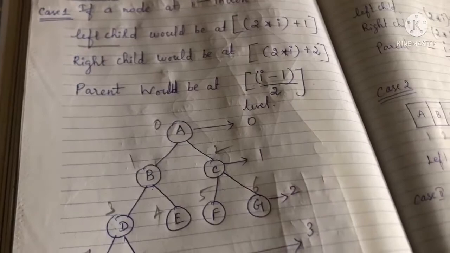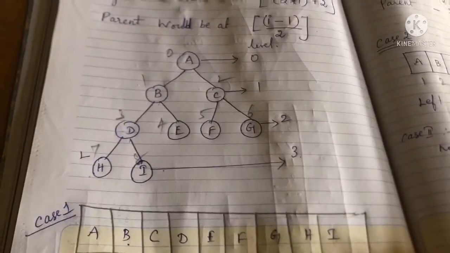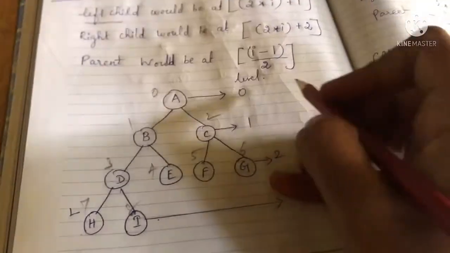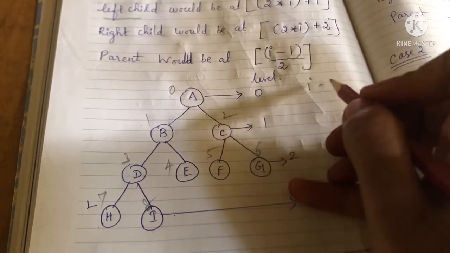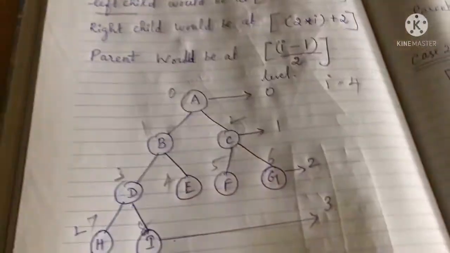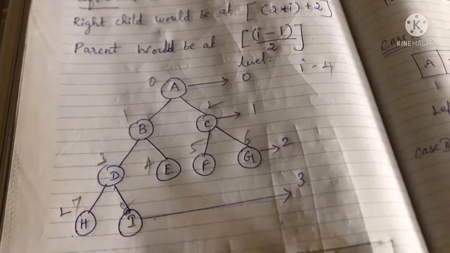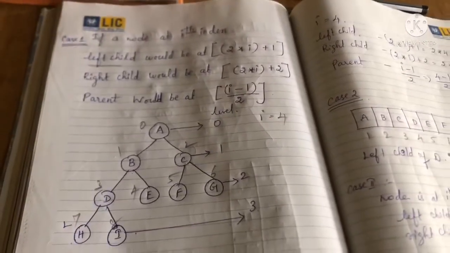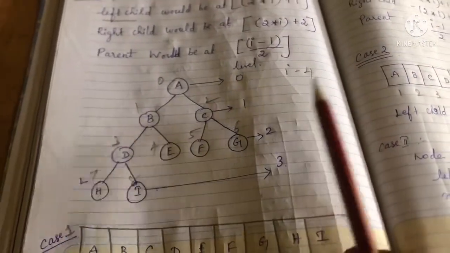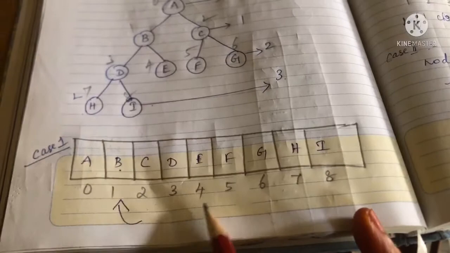For example, take I equal to 4, the fourth node. What is the fourth node here?